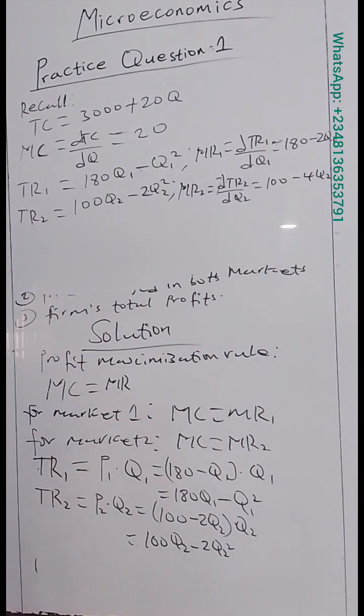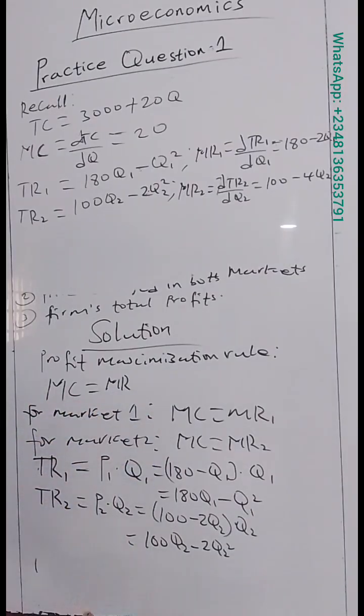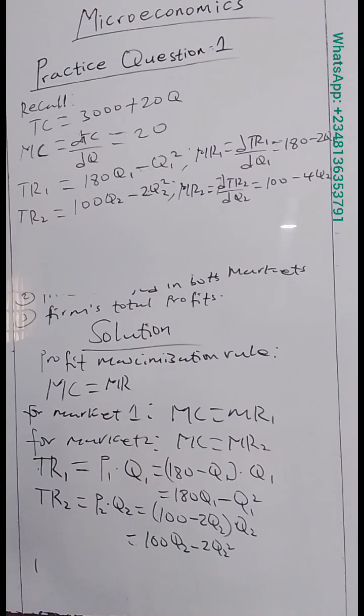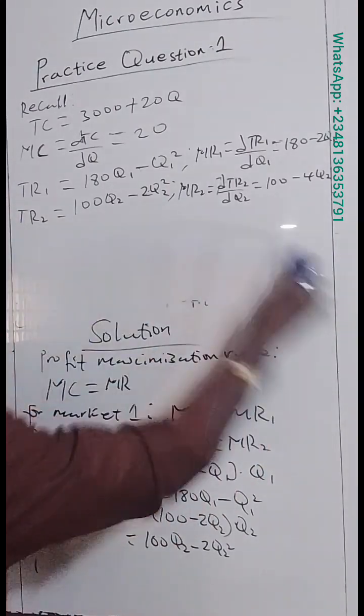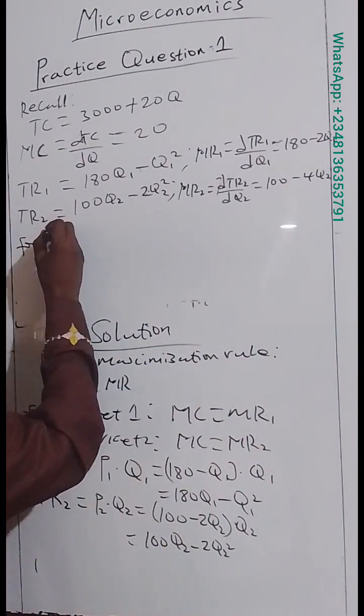Okay, then we are good to go. You recall the profit maximization rule, where MC equals MR1 for market 1, and MC equals MR2 for market 2.